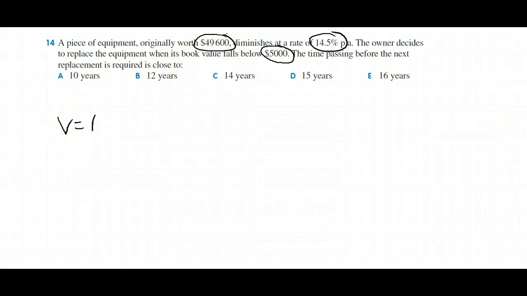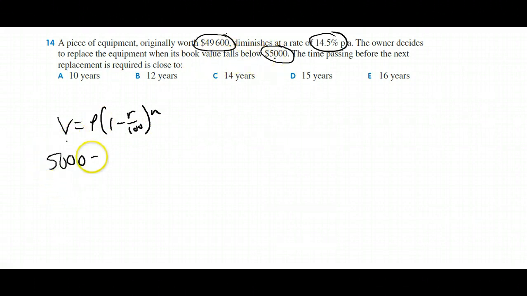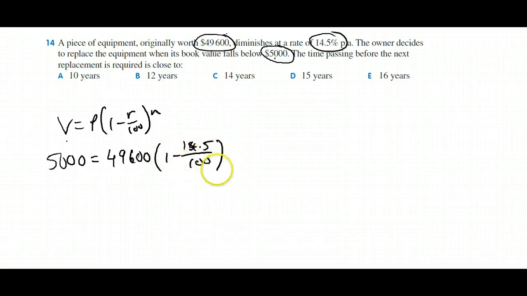So V equals P, 1 minus R over 100, to the power of N. We're trying to find N, that's unknown. The book value is $5,000. We want to know how long it's going to take to get to that book value. The P was 49,600. 1 minus R is 14.5, and that's over 100.